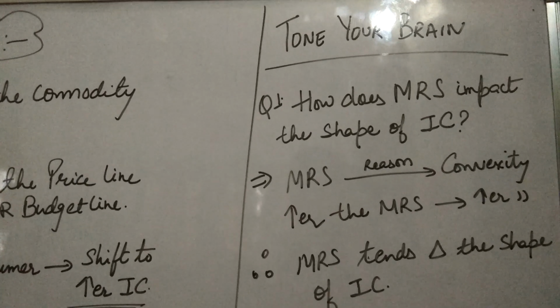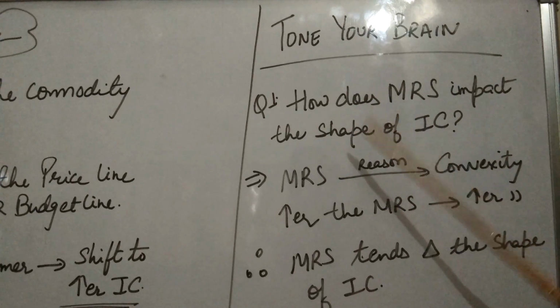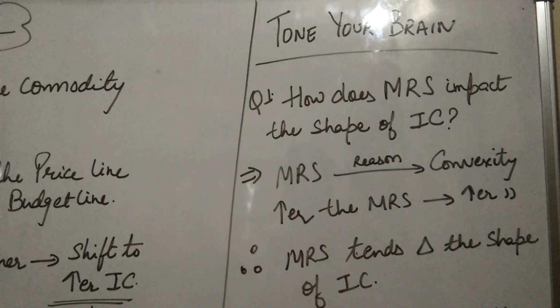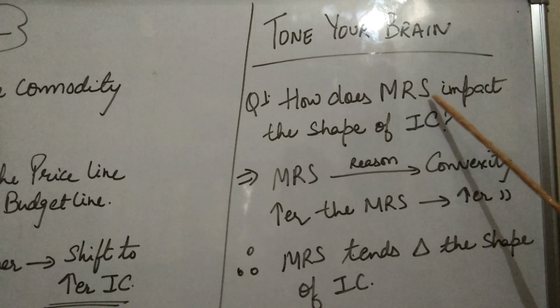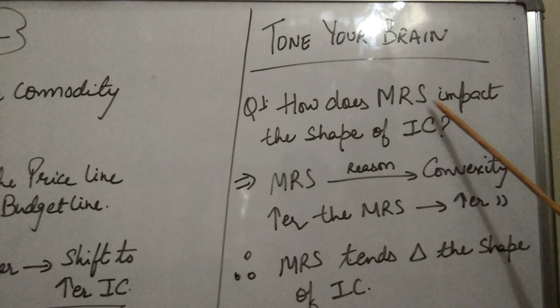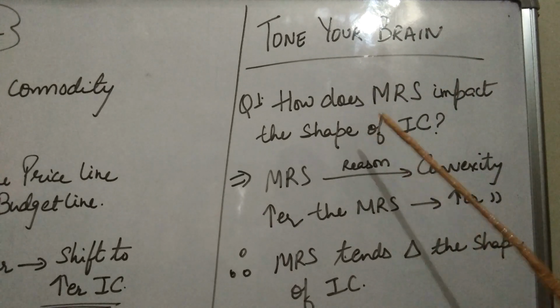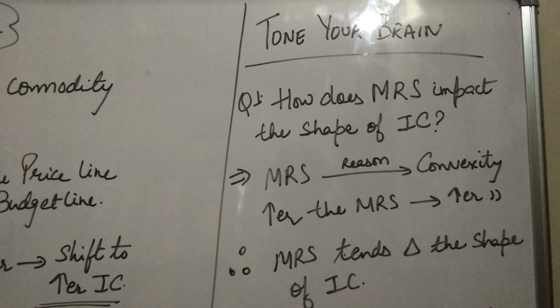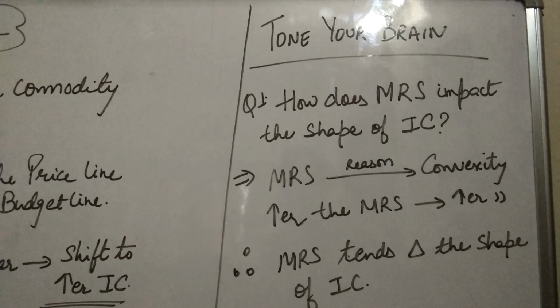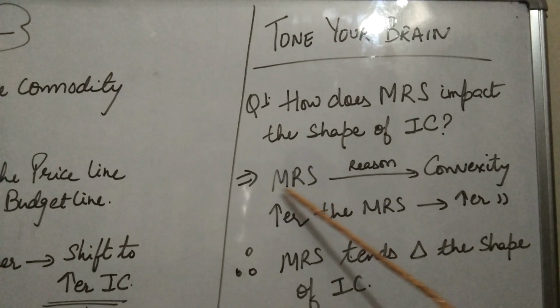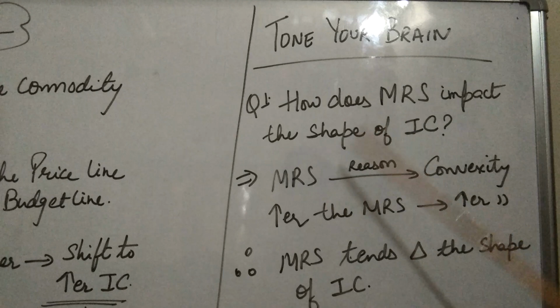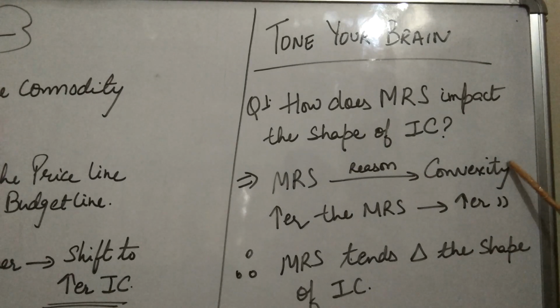Okay, now coming to the section called Turn Your Brain. Number 1 question is, how does MRS impact the shape of IC? As we all know, MRS, marginal rate of substitution, is the slope of the IC curve. So how does this slope of IC lead to the change in the shape of IC? Coming to the answer, MRS is the only reason which defines the convexity, the shape of IC.